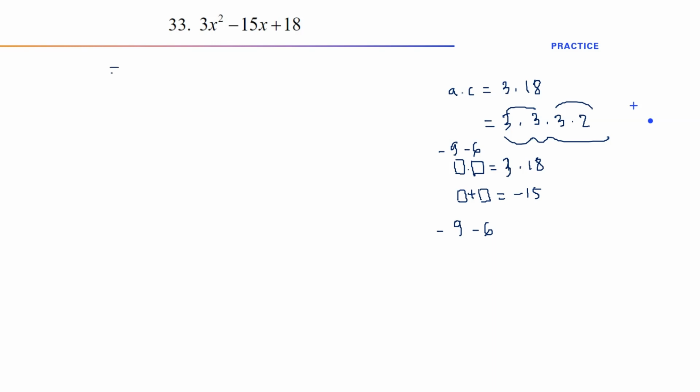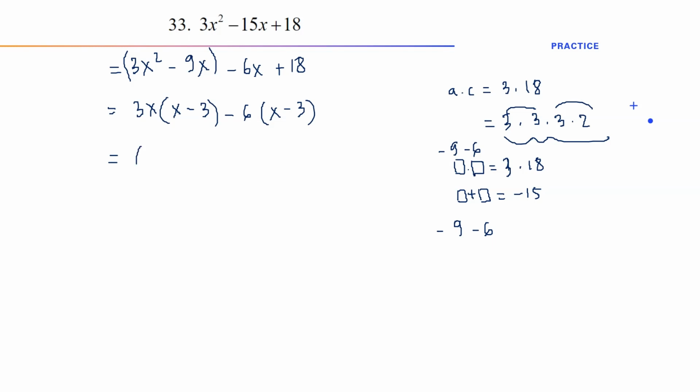So we can rewrite it as 3x squared minus 9x minus 6x, that adds up to negative 15x, and plus 18. Now we group the first two and the last two. So 3x in common, we are left with x minus 3. Now minus 6 in common, x minus 3.